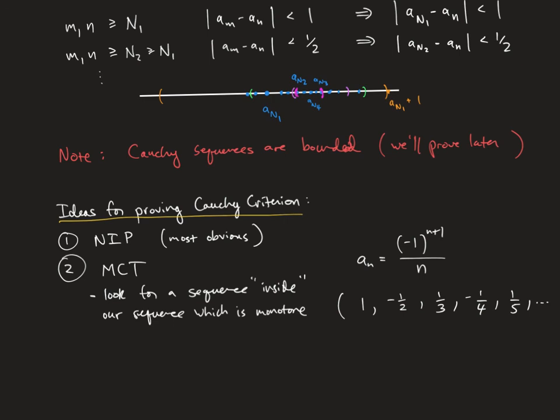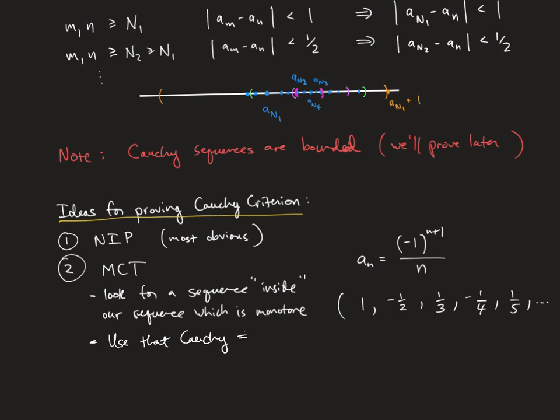If we find a sequence inside of our original sequence which is monotone, then in order to use the monotone convergence theorem, we need to say that this sequence inside of our sequence is bounded. But remember, we noted that Cauchy sequences are probably bounded. That's just something we have to prove. So then you want to use that Cauchy sequences are bounded.